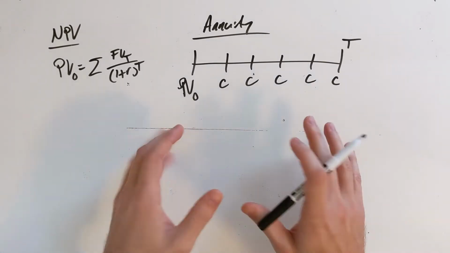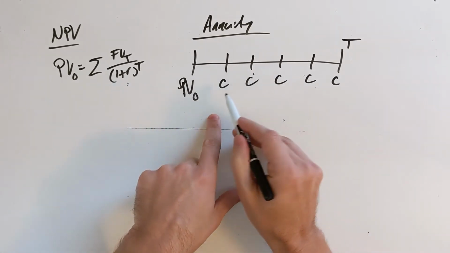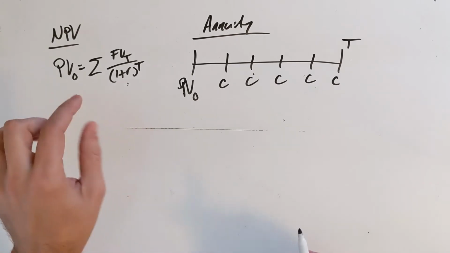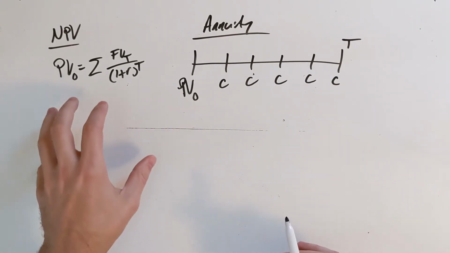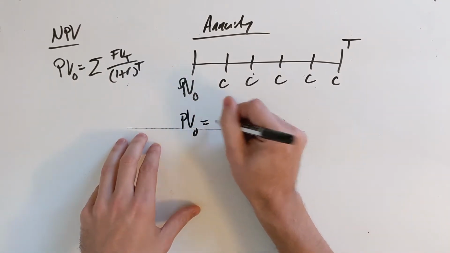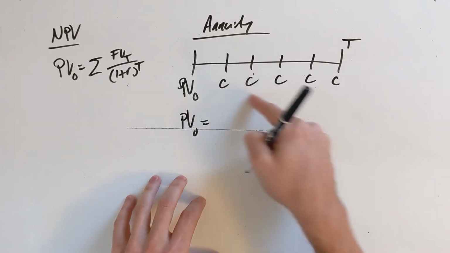So what we want to do is develop a formula so that we can find out what the equivalent present value of these future cash flows is. Now, again, as always, we could generically write down this present value as equal to the present value of these future cash flows.